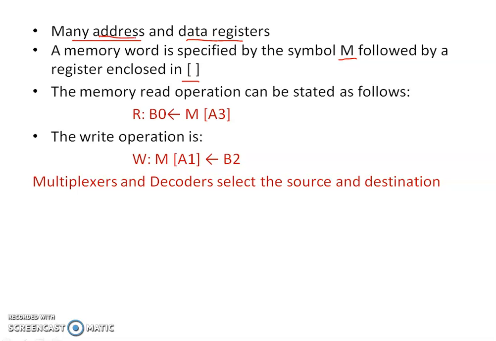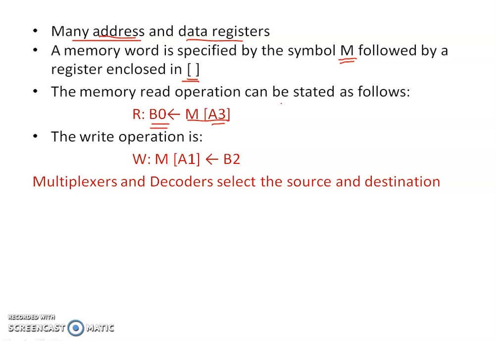Address registers are dedicated to storing the address, and the memory word is identified as M followed by square brackets, and inside the square brackets you will have the register. That is the information which will be loaded to the B0 register.